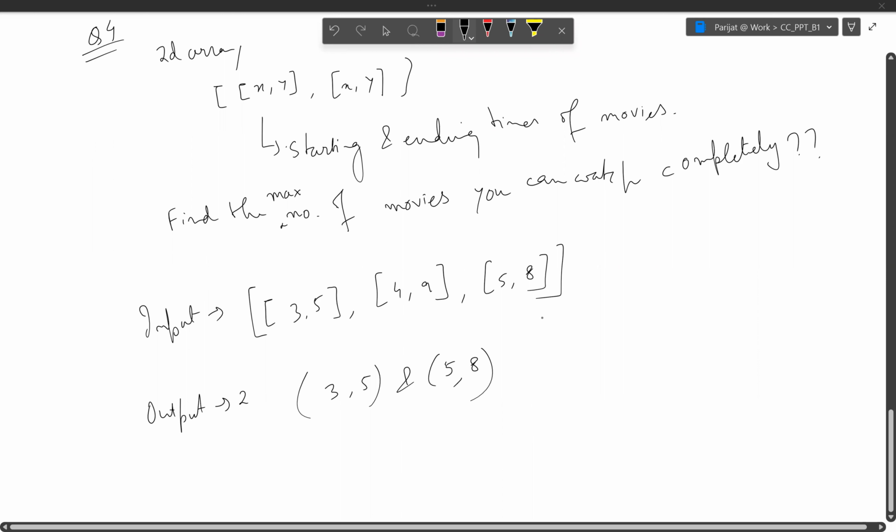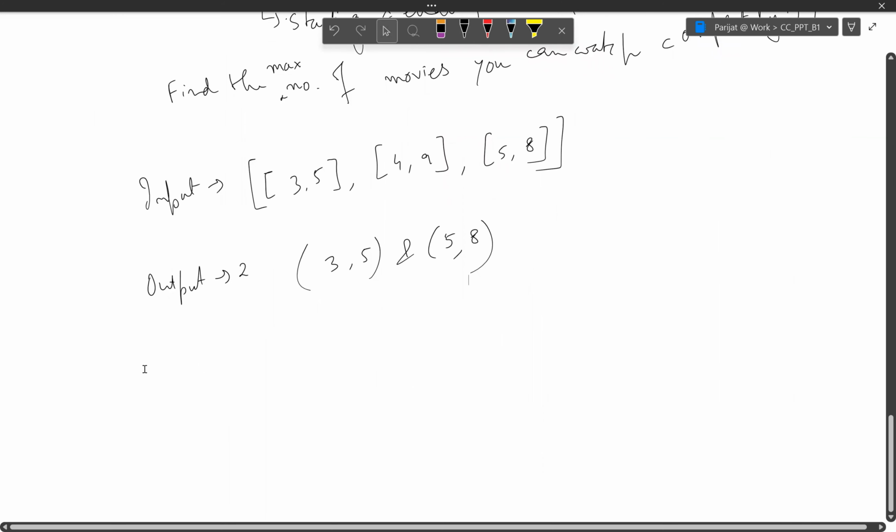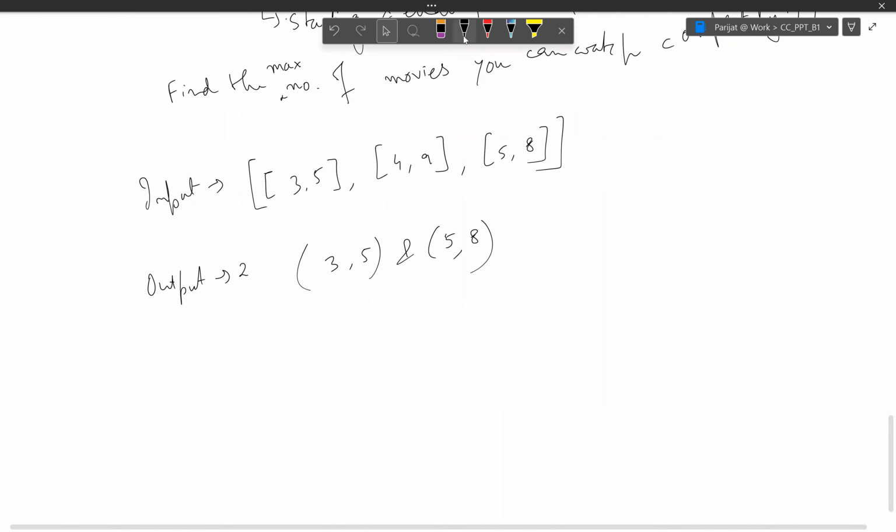Okay, so Atul has a solution saying that, okay, I'll sort the elements by the starting time, and if the end time is greater than the starting time, the movie count plus plus. I can refute that logic by saying that your movies might look like this. So this test case will break your logic.